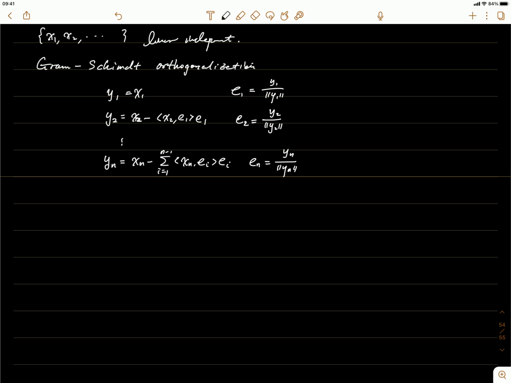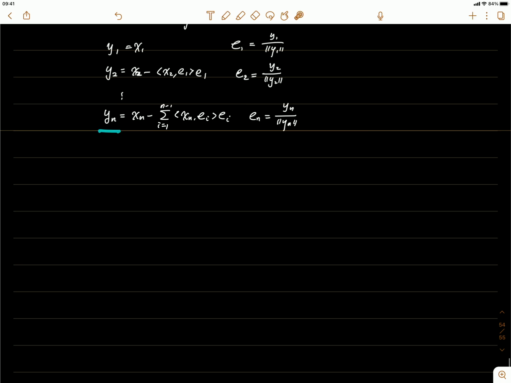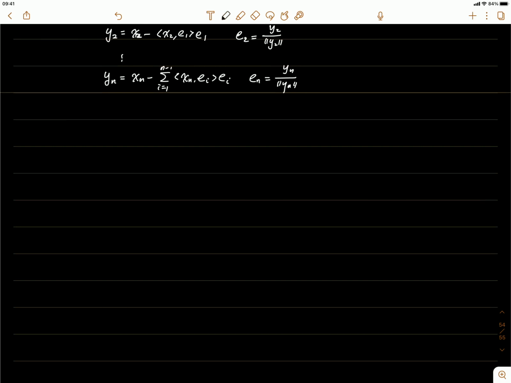You know that all the denominators must be non-zero because none of them can be written as a linear combination of the previous ones. So there's no way to get a 0. You will never get any y as 0. So just continue doing that, and you will form an orthonormal set. That's the Gram-Schmidt orthogonalization.